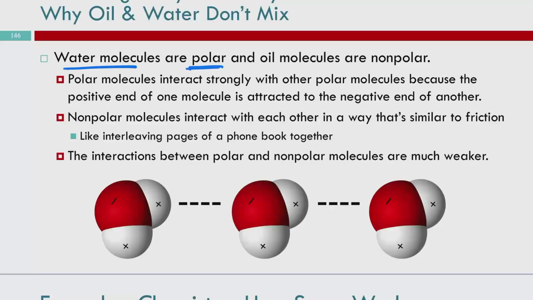They link up to each other. You can think of it like a bunch of little magnetic marbles we just threw together. They'll all clump up together and push out anything that's not also a little magnet. So all of the water molecules link up and they push the oil molecules out.